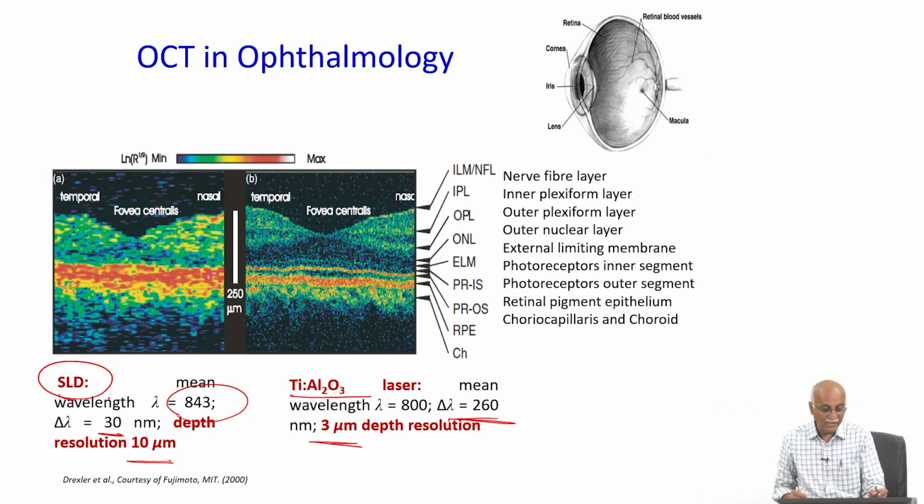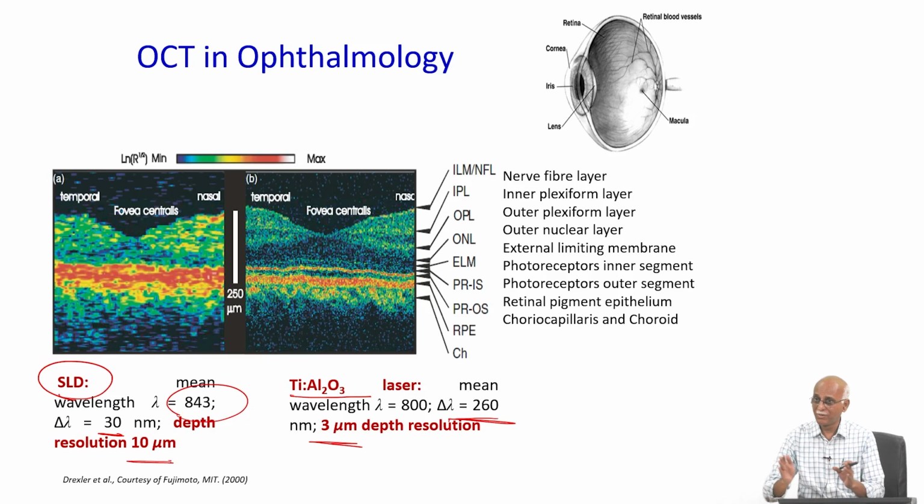Okay. So, SLD will be maybe in terms of rupees, maybe 80,000 or 1 lakh rupees, a broadband source. But if it is a titanium sapphire laser, it will be in terms of crore.